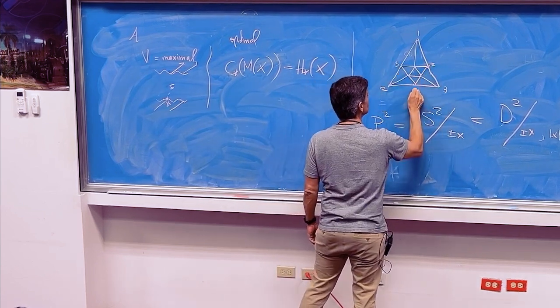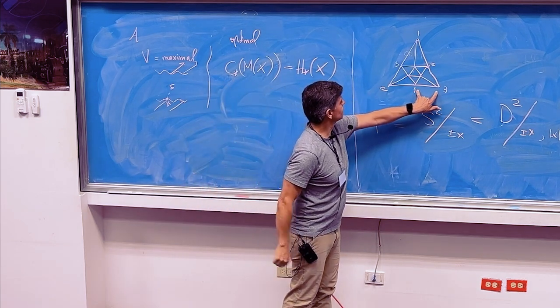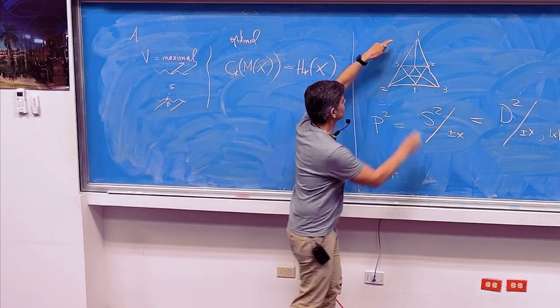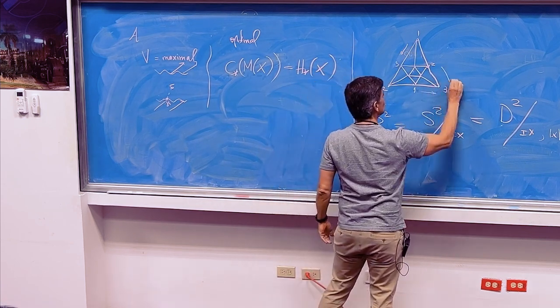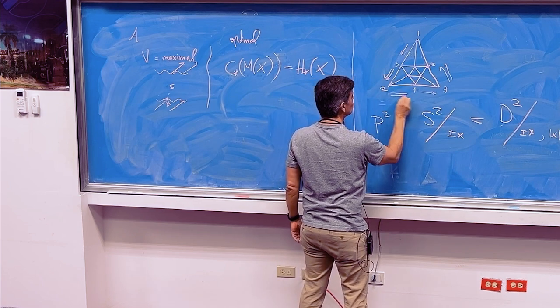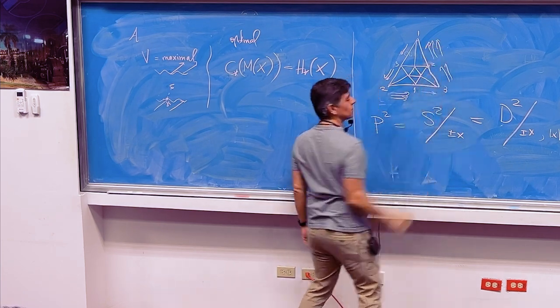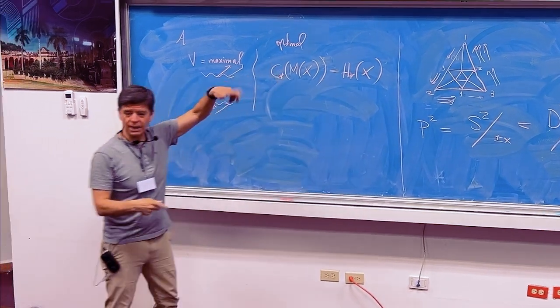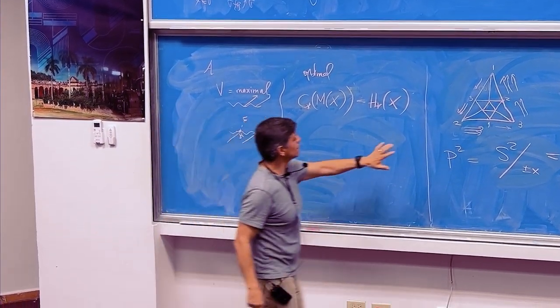This is 2. This is 1. And for instance, of course, this suggests that 1, 3 is identified, this line is identified with this line. 3 to 2 is identified with this line. And 2 to 1 is identified with that line. And of course, what you're doing at the end is identifying antipodal points on the boundary. This is the projective plane.